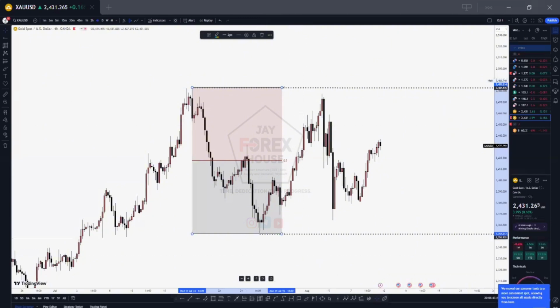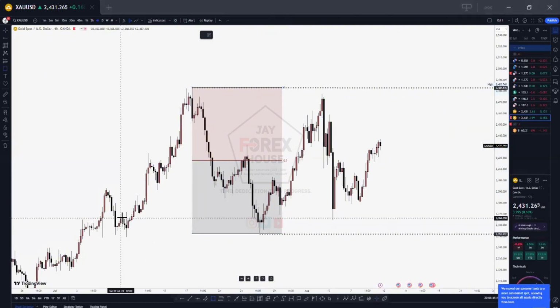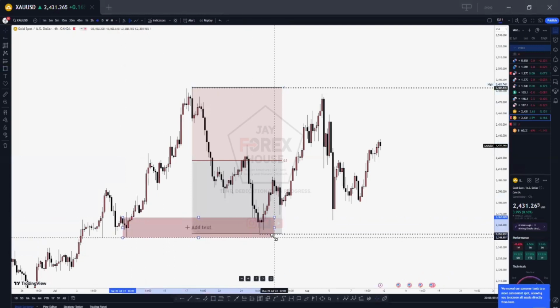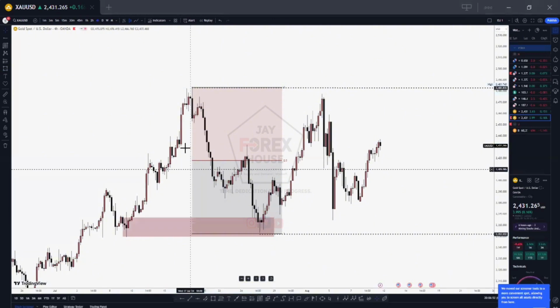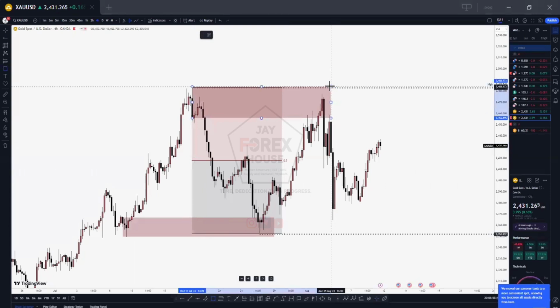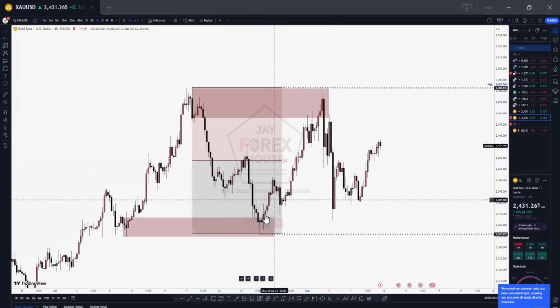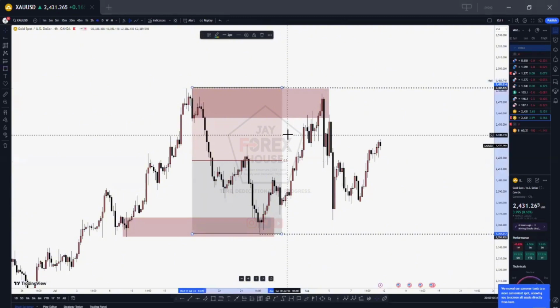Okay, so when you say supply and demand, it's not just identifying this and calling it a demand zone, or identifying this and calling it a supply zone. You need to know why it's being called a supply zone and why it's being called a demand zone. The concept works with premium and discount.